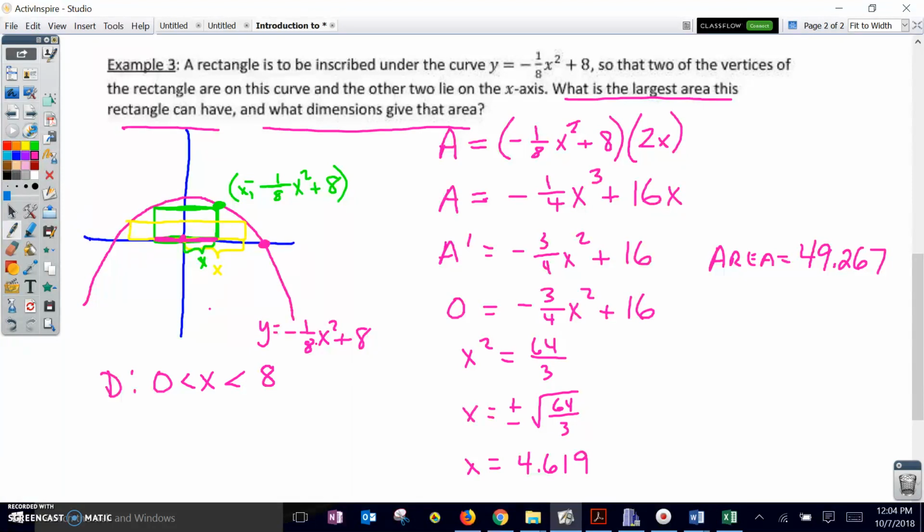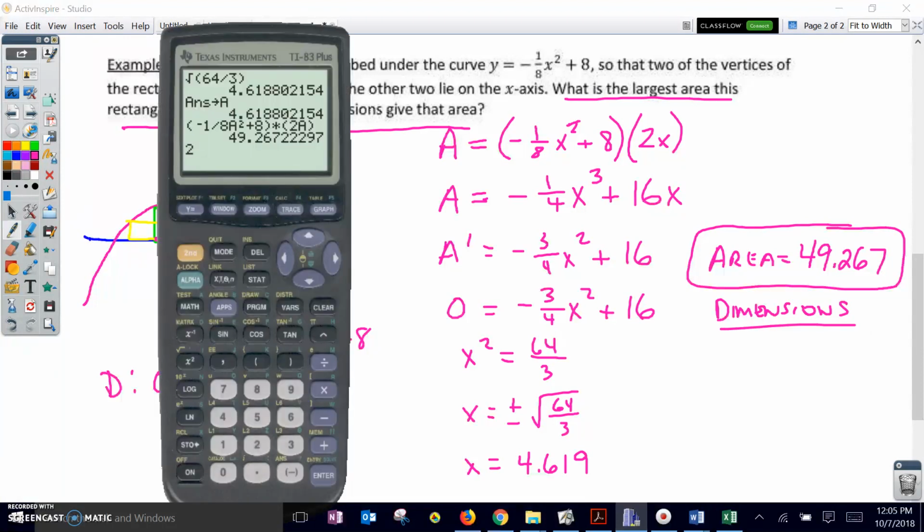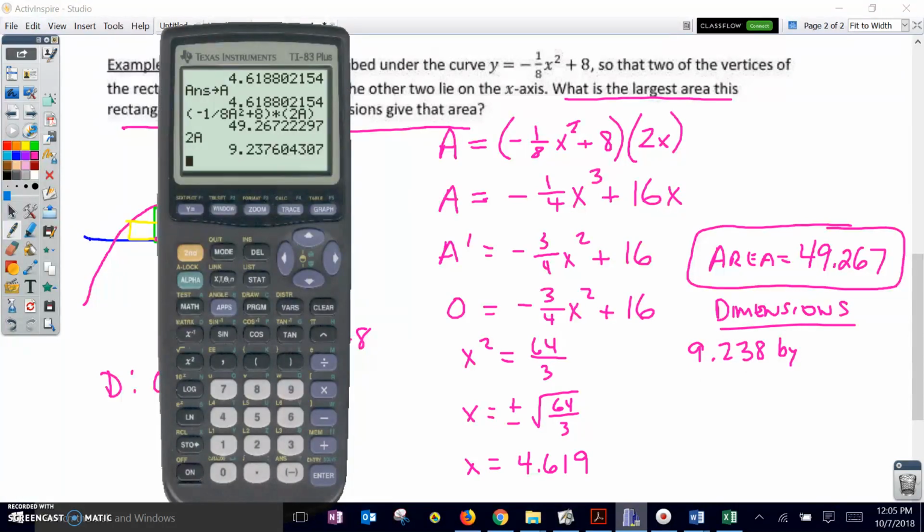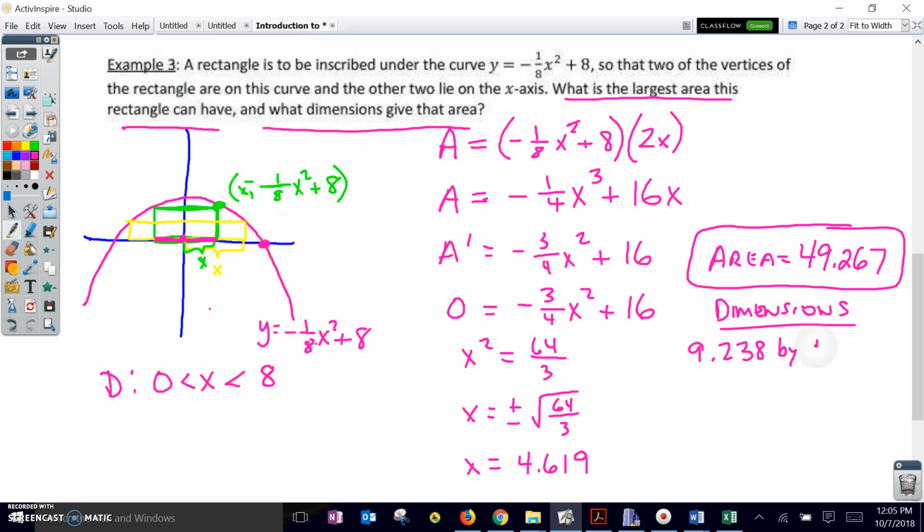The area is going to be 49.267, and the dimensions are 2 times x, 9.238, by -1/8 a squared plus 8, 5.3 repeating.